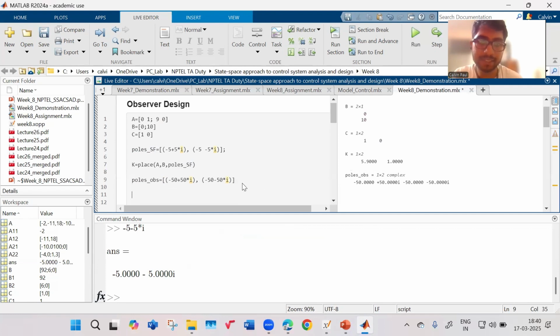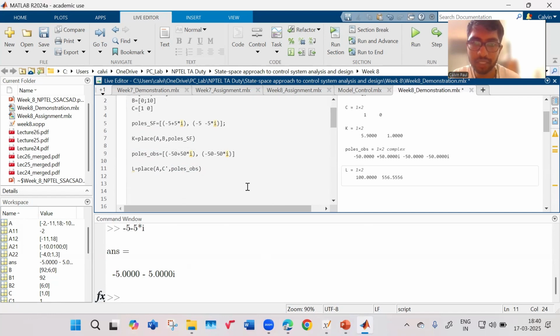And the L will be place of A, comma C transpose, comma the poles of the observer. So if you look at it, your L will come out to be 100 and 556.556.